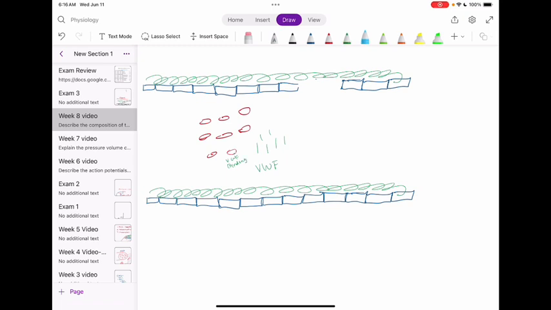And so what happens when we do have this open part of the wall? Say you got a cut, say something happened. These VWF, they'll come and they'll bind right here.